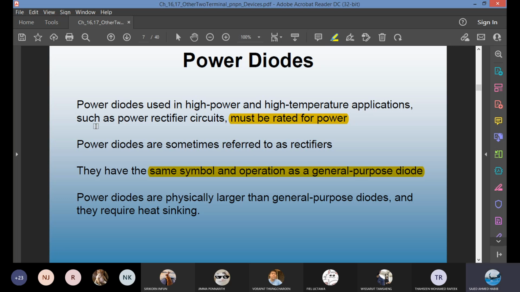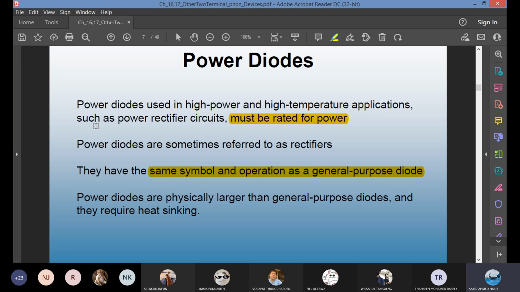For example, it is possible that a power diode in forward bias can have a forward current of several hundred amperes. I said several hundred, 2, 3, 4, 500, that's several hundred. Not just 1 ampere, not just milliamperes, but several hundred amperes can be safely handled by a proper power diode in forward bias.